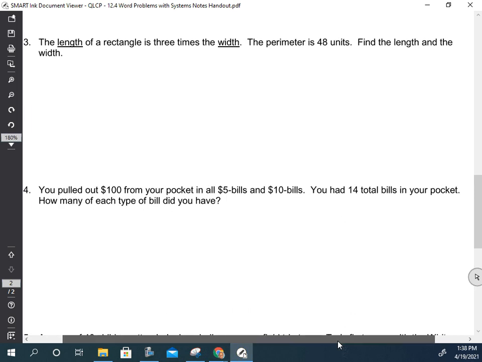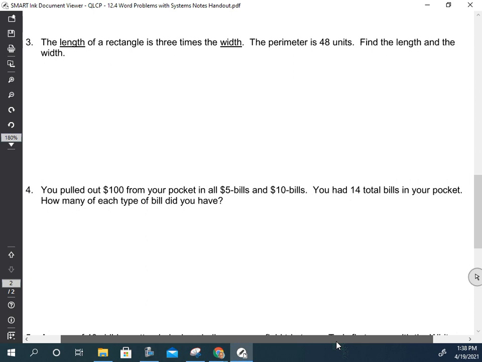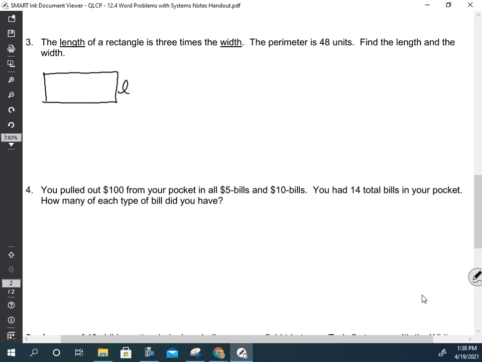The length of a rectangle is 3 times the width. The perimeter is 48 units. Find the length and the width. So anytime you are dealing with a perimeter problem, here's your rectangle, there's your length, there's your width. Perimeter is 2 times the length plus 2 times the width.